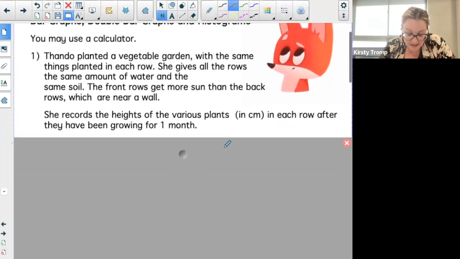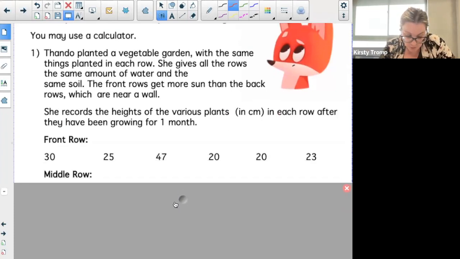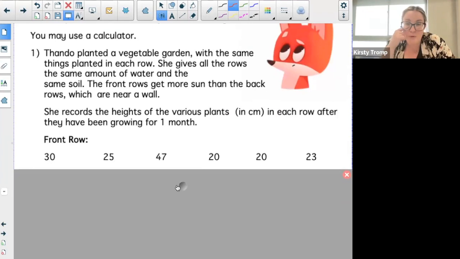She records the heights of the various plants in centimeters in each row after they have been growing for a month. So, in row 1, the front row, we've got plants that are 30 centimeters, 25, 47, 20, 20, and 23.